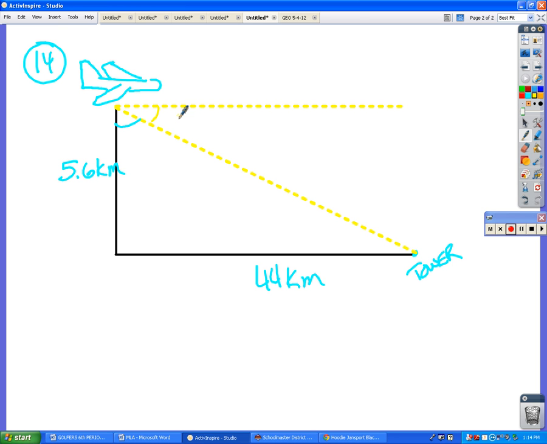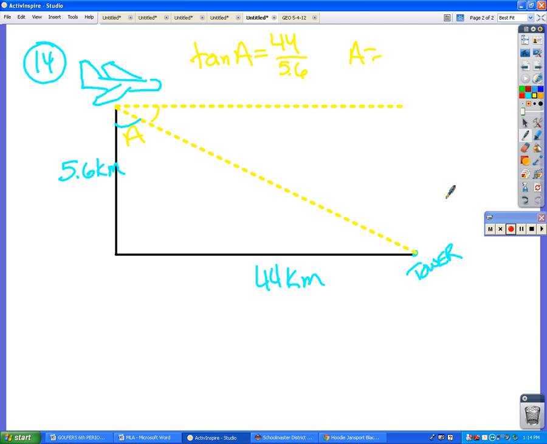Tangent. So the tangent of that angle, let's just call it angle A, is equal to the length of the opposite side, which in this case is 44, divided by the length of the adjacent side, which is 5.6. And then since we're trying to find the angle, what do we do?